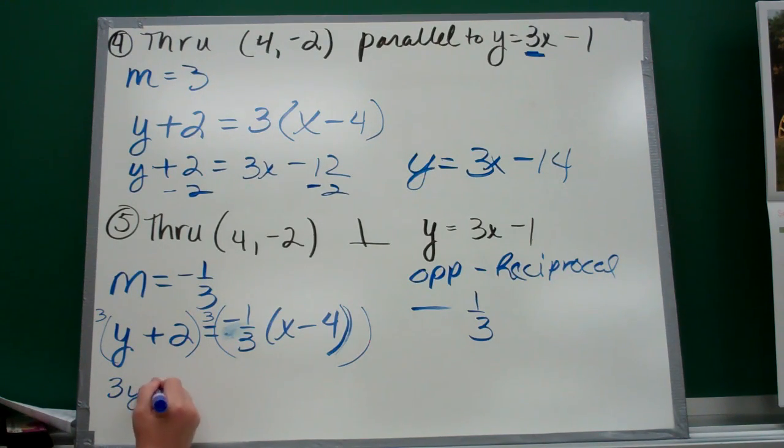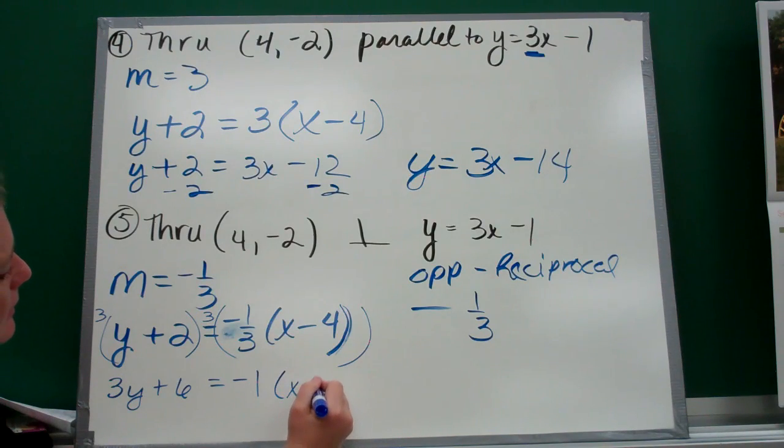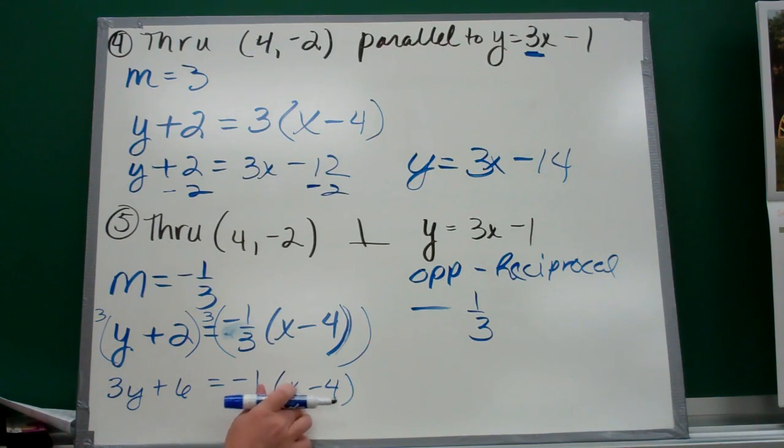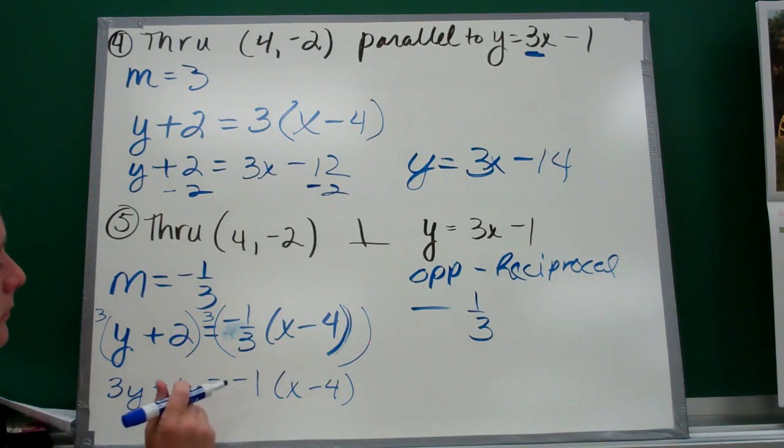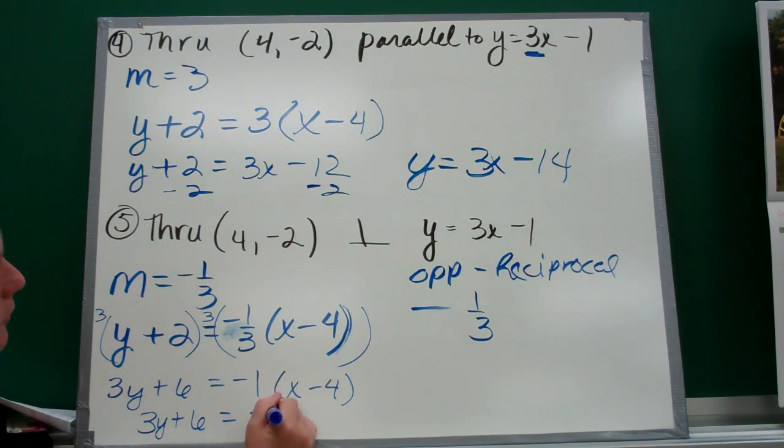This is going to be 3y plus 6 equals negative 1 times x minus 4. Notice I'm not multiplying the x minus 4 by 3 because I multiplied it here and you multiply from left to right. Distribute the negative 1. 3y plus 6 equals negative x plus 4. Negative times a negative makes a positive.